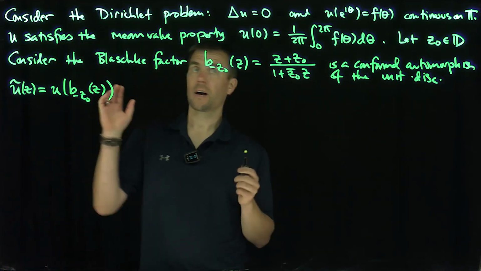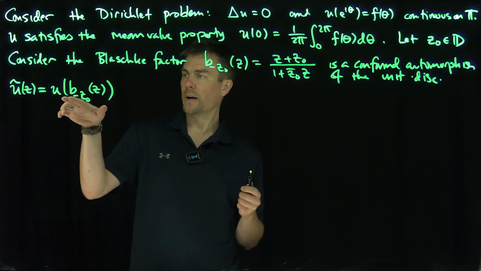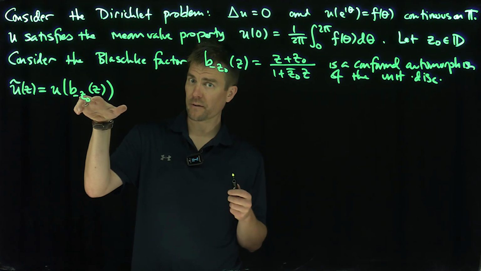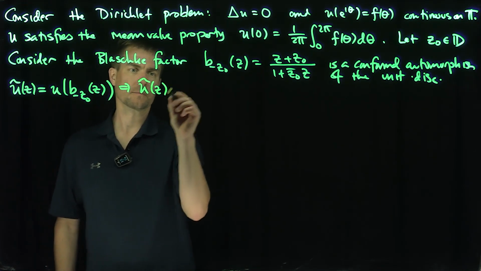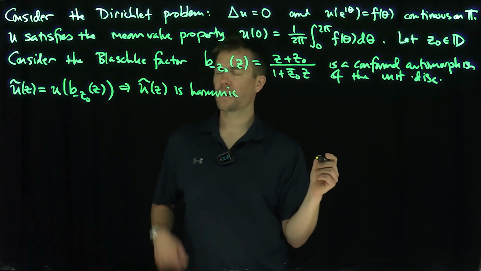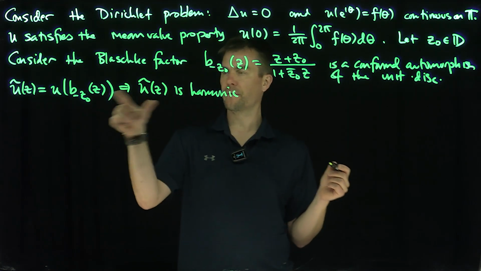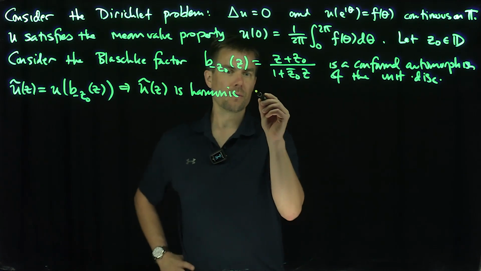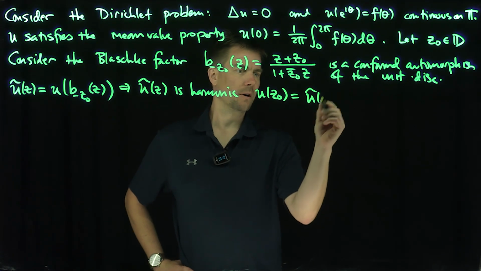This is a harmonic function composed with a holomorphic function, so u tilde is harmonic. And so what is u tilde of 0? If I plug in z equals 0, I just get z0. So u of z0 is equal to u tilde of 0.